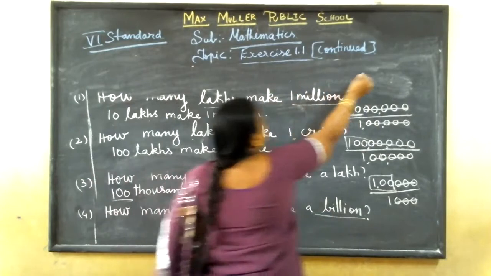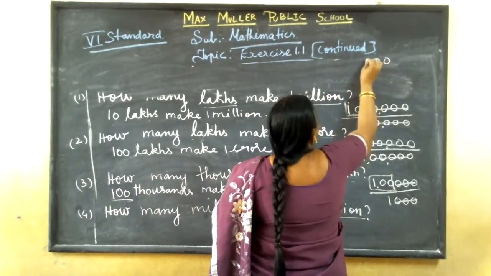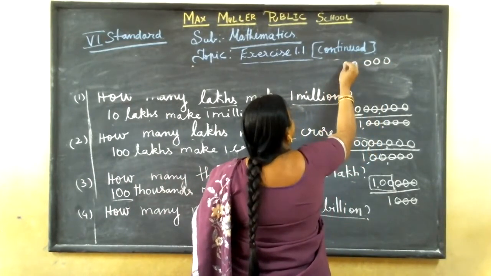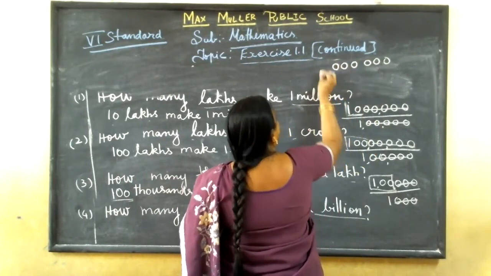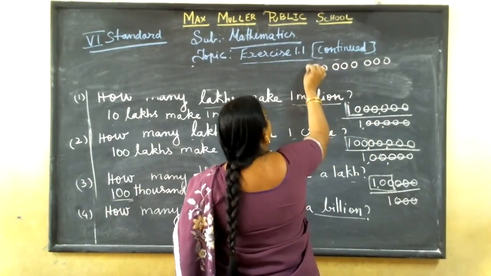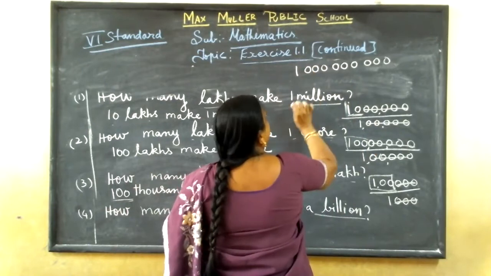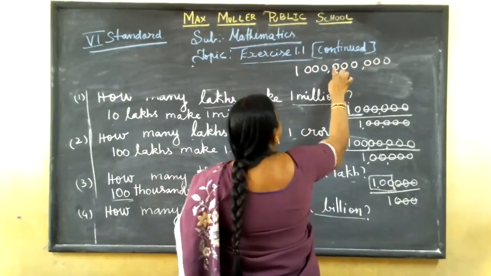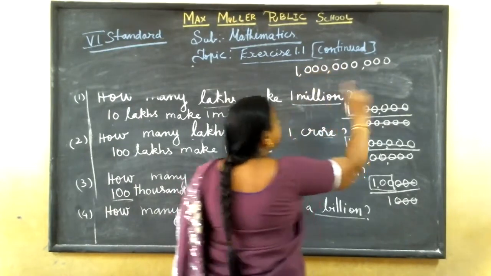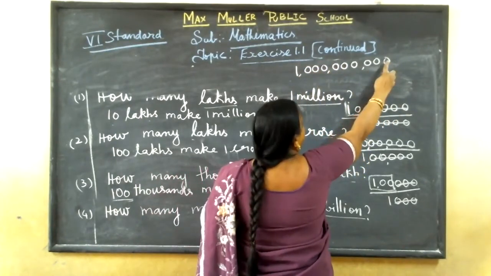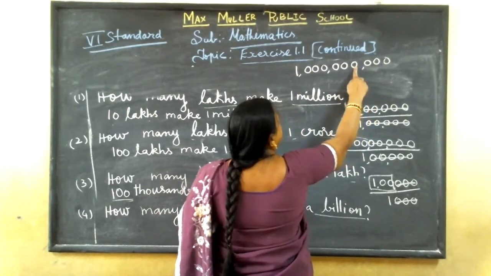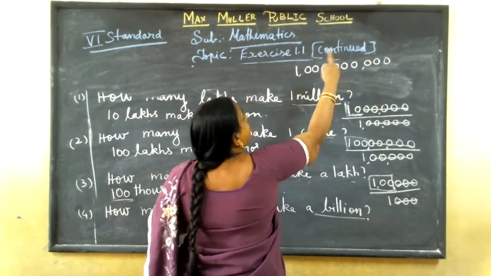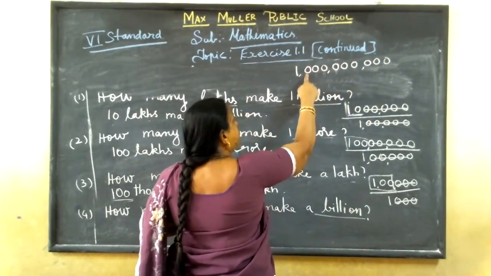First we'll write billion. So ones, tens, 100, then 1,000, 10,000, 100,000, million, 10 million, 100 million, then billion. So how many zeros? 1, 2, 3, 4, 5, 6, 7, 8, 9 zeros. See whether it's correct or not. We'll check once again. Ones, tens, 100, 1,000, 10,000, 100,000. Then million, 10 million, 100 million, billion.